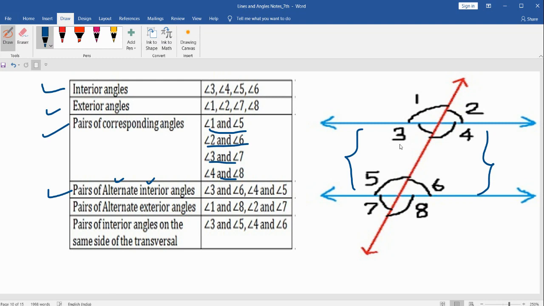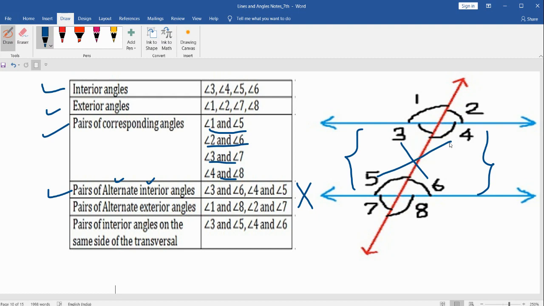So naturally, with 3 it is 6, and with 4 it is 5. Just to make your life easy, remember that pairs of alternate interior angles form an x. So pairs of alternate interior angles we are done with.